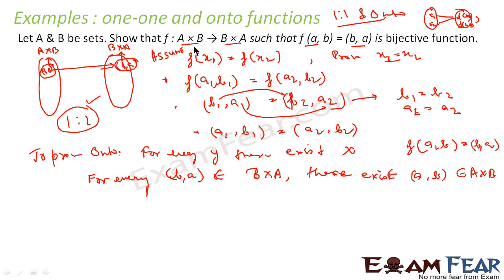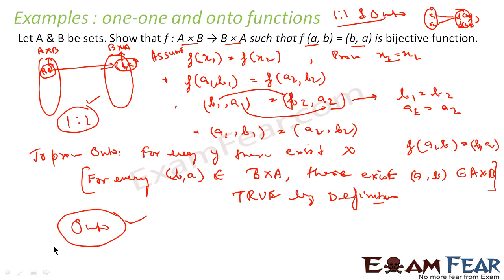The definition says there are two sets, A cross B and B cross A, such that f of (a, b) is equal to (b, a). So we need not prove anything, because the definition itself says this is true. Since this is true by definition, we can say that the function is onto. Since the function is one-one and onto, this function is bijective.